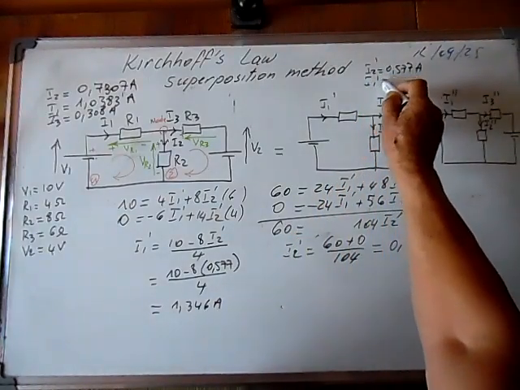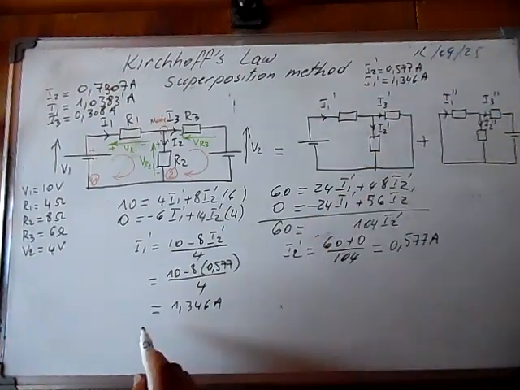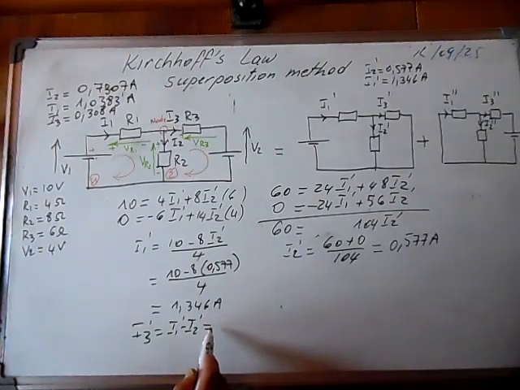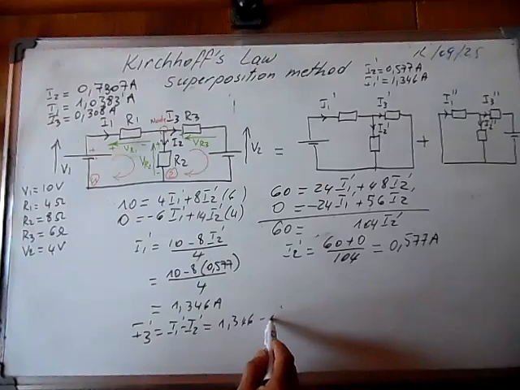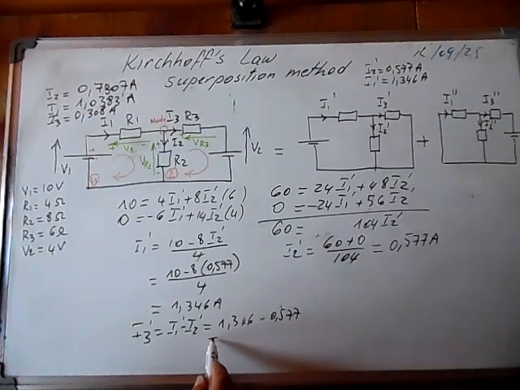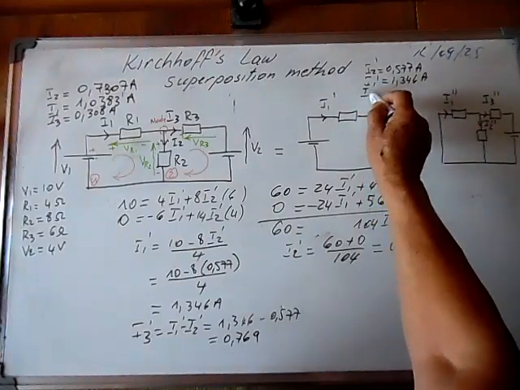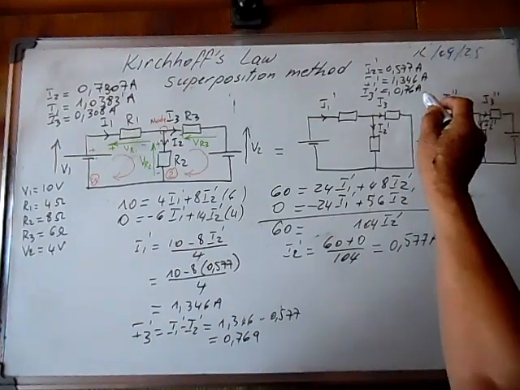I1 prime is equal to 1.346 amps, and we can calculate I3 prime, which is equal to I1 prime minus I2 prime, and is equal to 1.346 minus 0.577, and is equal to 0.769. I3 prime is equal to 0.769 amps.